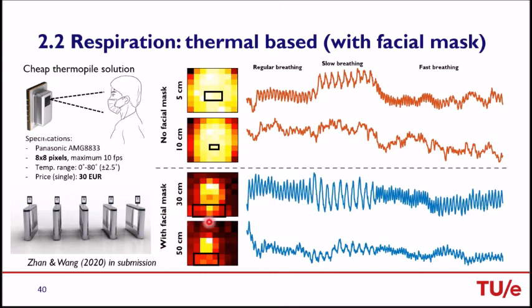But with a facial mask, you increase the ROI, and even at a distance of 50 centimeters, you can measure the respiratory signal. And these are raw signals without dedicated processing. This approach can be integrated into current gating systems to do fast screening or checking.